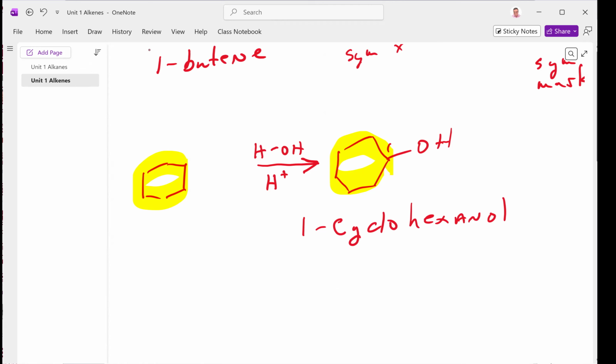Yes and no, mostly no. Benzene's got double bonds now, but the problem with benzene is it's super stable. So instead of benzene, we're going to use what?